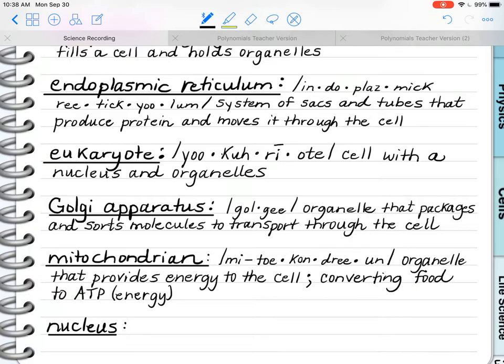We won't get into the details of that. If you know that the mitochondrion is the powerhouse of the cell, this is like in our neighborhood, the electric plant, where the power comes from for survival. So the mitochondrion provides the energy.